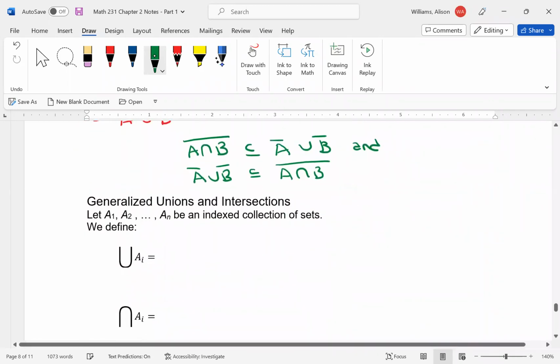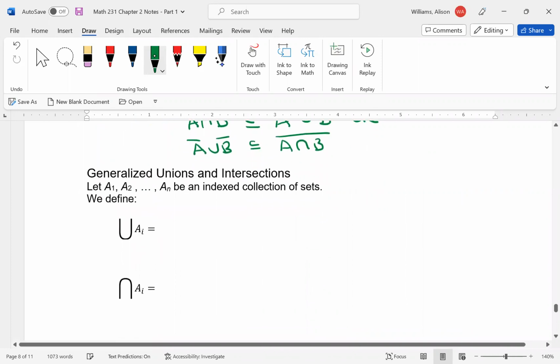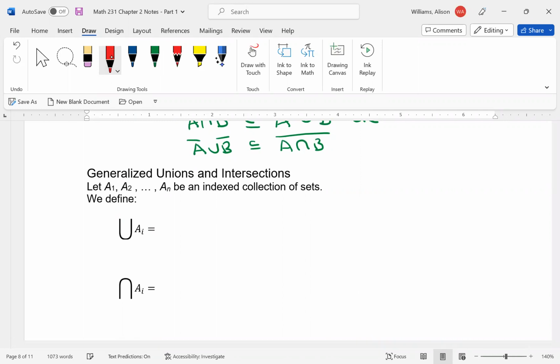Okay, so generalized unions and intersections. So we can say in general that we have a union of sets with no indicator of those sets themselves with this kind of generalized notation. If the sets happen to be A1 through An, then we would be doing A1 union A2 union, up to A sub n.